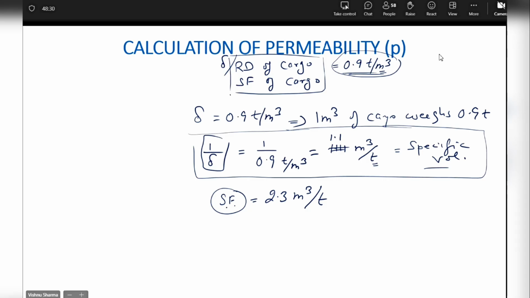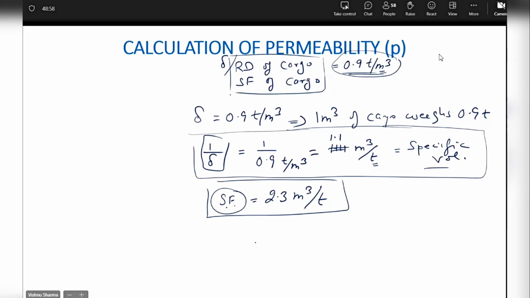It does not physically occupy 2.3, but there is some space lost because of the shape of the cargo versus the shape of the compartment. Then you have the side frames, you will have the battens. So there is something called broken stowage, which you already know. So when on the ship it is placed, it ends up occupying 2.3 cubic meters per ton.